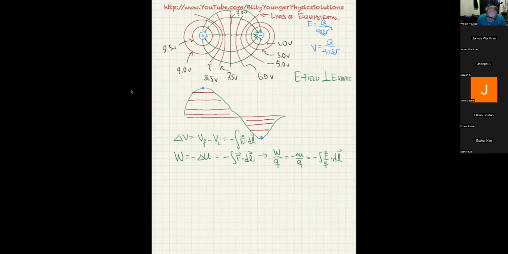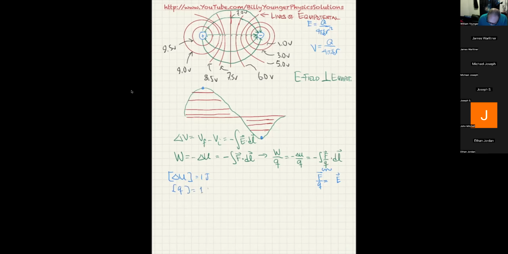And we know F over Q, does anybody want to tell me what F over Q is? E. Yes, it's the electric field. I don't know why I wrote a G there. Exactly. In fact, we said it was a limit, but that is the electric field. Okay. So what we see is the potential energy, delta U, has units of joules. The Q has units of coulombs.